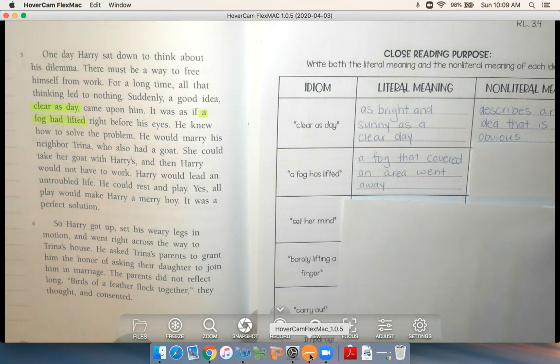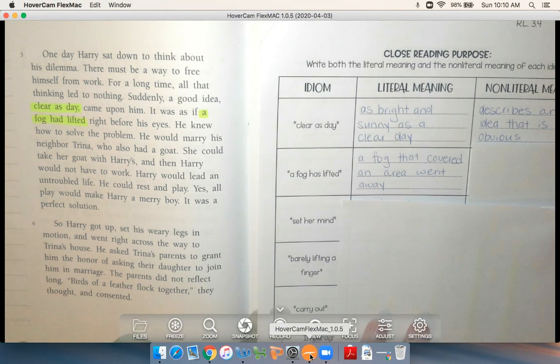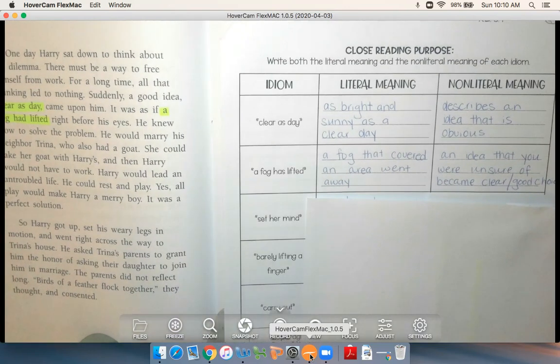Where things aren't as clear to you, but now a fog has lifted. So what does that mean in this passage? It means an idea that you were unsure of became clear to you. It's a good choice. You've realized that now.